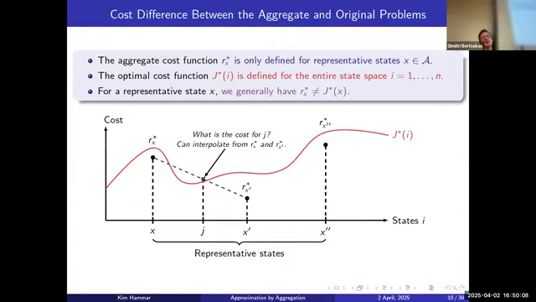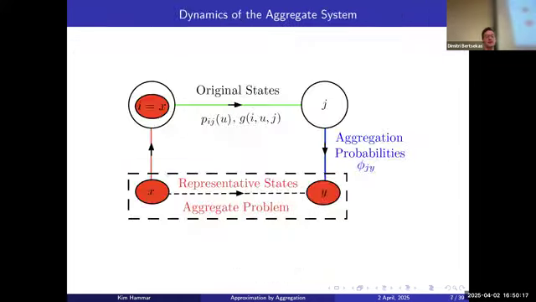So they are going to be different because the dynamics of the two problems are slightly different. If you look at this figure here, in the original problem, when you take the control, you're going to stay at that state. But in the aggregate problem, you're then going to move again to some representative states. And that changes the dynamics of the whole problem. So in general, that's going to lead to different costs.